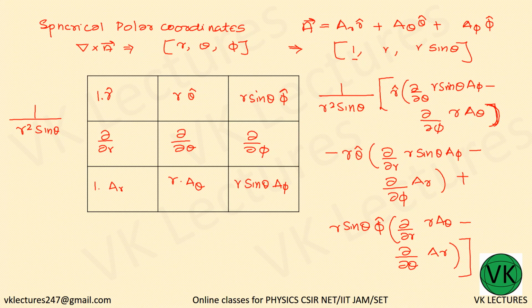This is the del cross A in r theta phi, and that is the spherical polar coordinates.